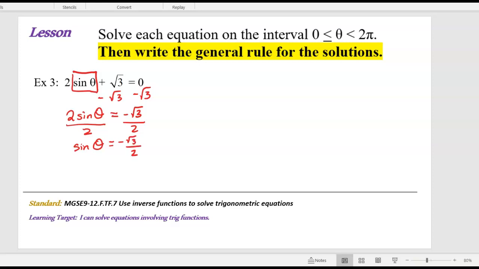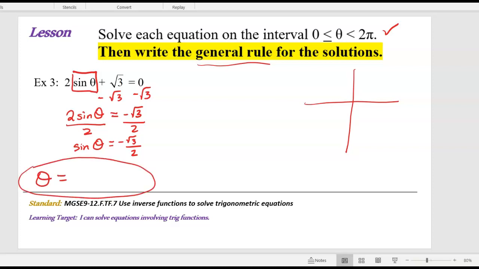Boom! Now we're back to just basic, what's the unit circle, right? So once I get sine theta by itself, what angles give me negative root 3 over 2 on the unit circle? And I'll write the solutions as all angles between 0 and 2 pi, and I'll also write the general rule. Okay, so what are the angles? Let's find the answer. What angles give me a y value of negative root 3 over 2?